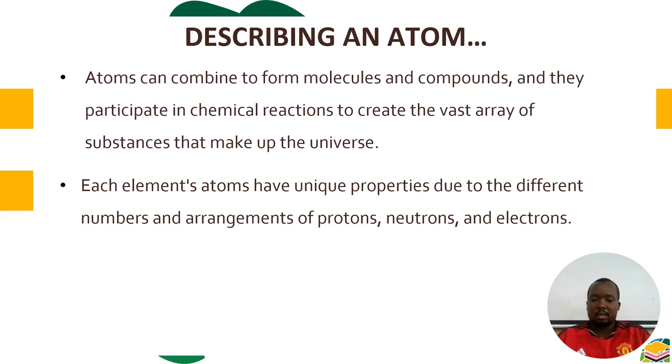So this can also be explained in line of an element, because atoms, once they're combined, make up an element. Each element has its own number of protons, neutrons, and electrons.